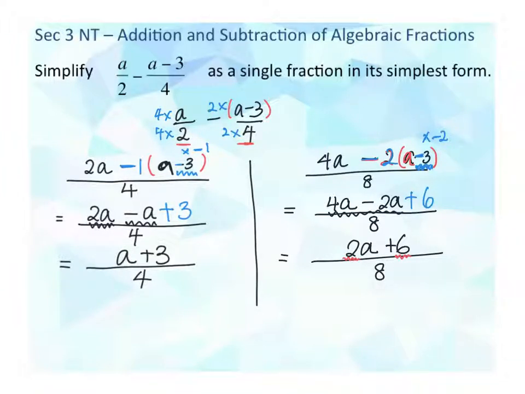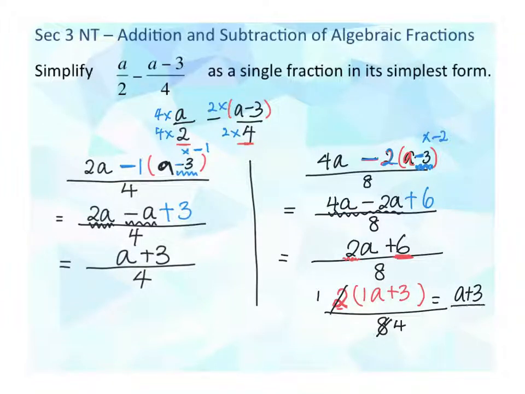So factorizing this out, 2a divided by 2 gives me 1a, plus 6 divided by 2 gives me 3, and the denominator is 8. Now 2 and 8 have a common factor, so we can divide both by 2, and the final answer will be a plus 3 over 4.